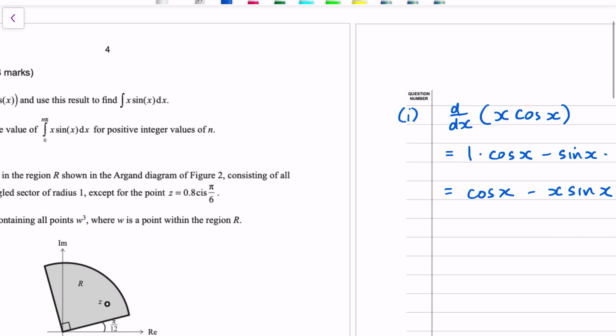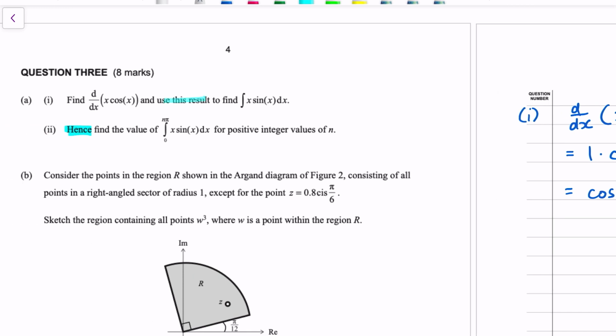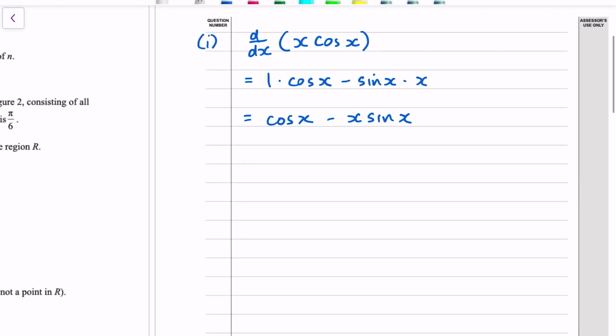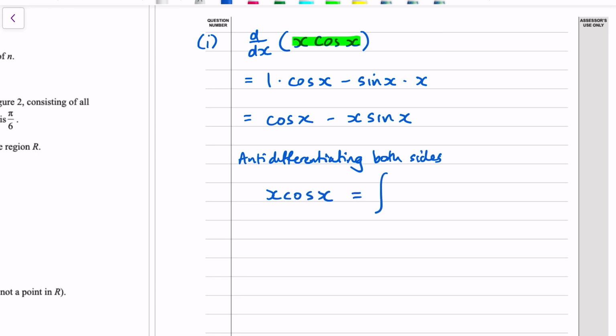And it then asks us to use the result to find the integral. That's another kind of hence statement, use this result. So if we've just diffed x cosine x and the result is cos x minus x sine x, then if we anti-diff both sides, x cosine x equals the antiderivative or integral of that.